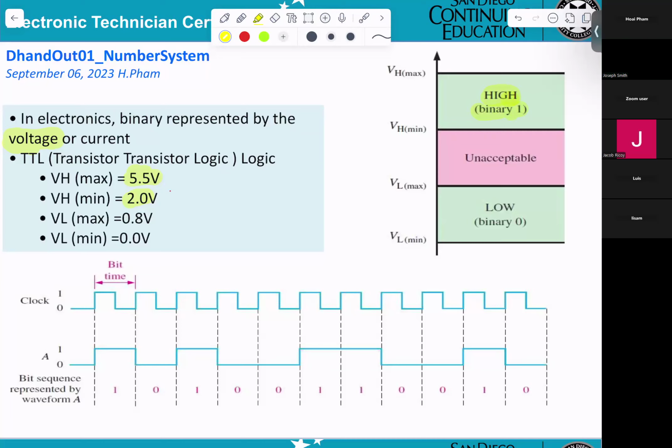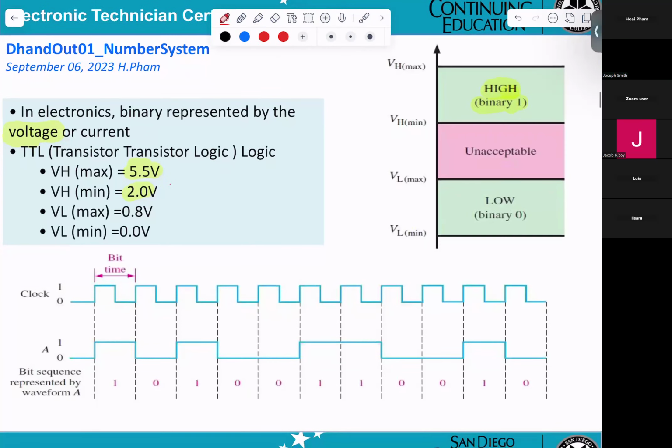Okay, that means they are already telling you here VIH minimum 2 volt and maximum 5.5 volt. Any voltage higher than 2, less than 5.5, will be logic 1.